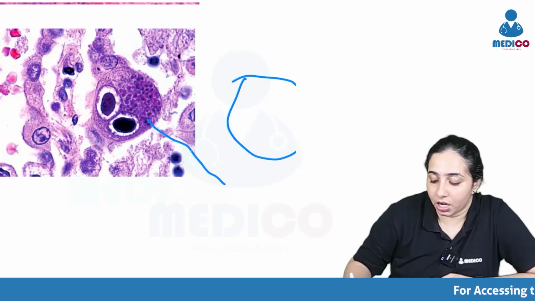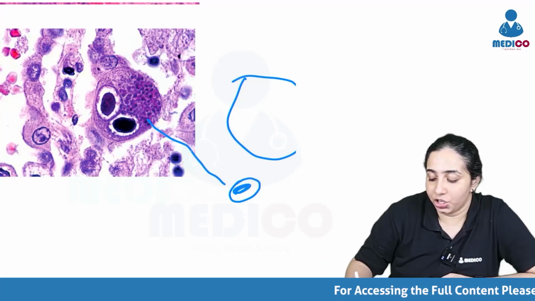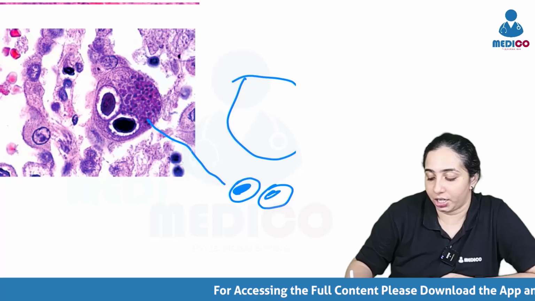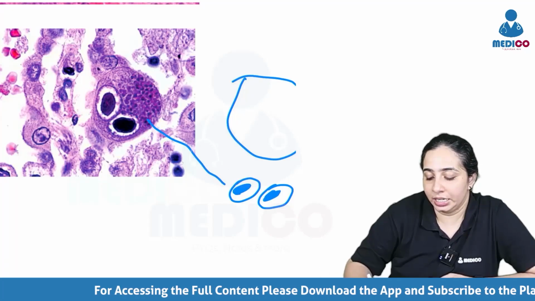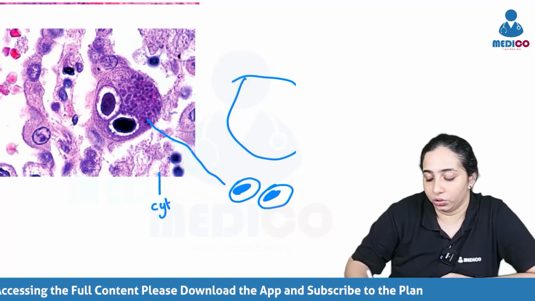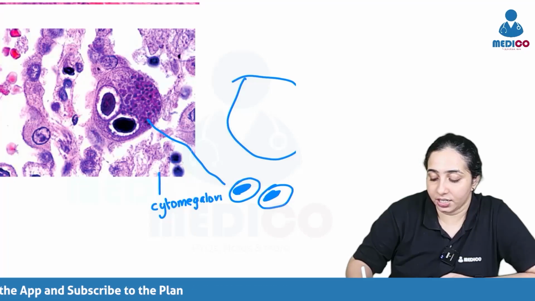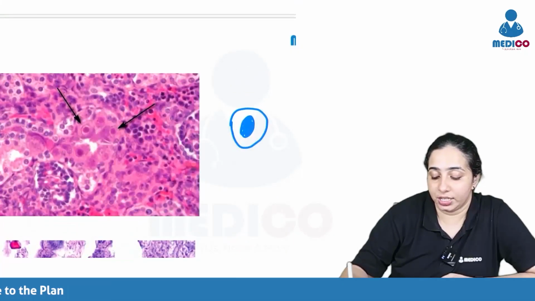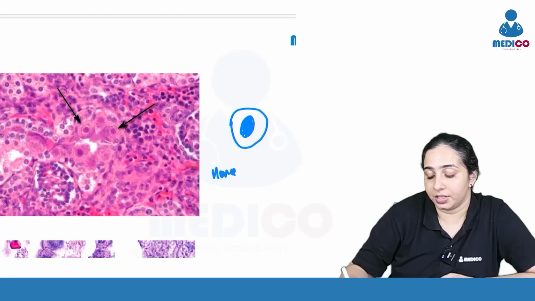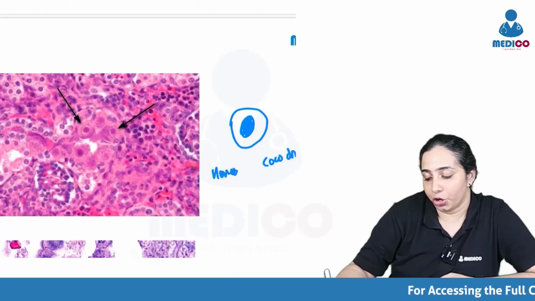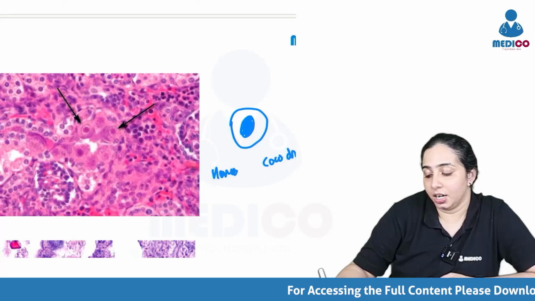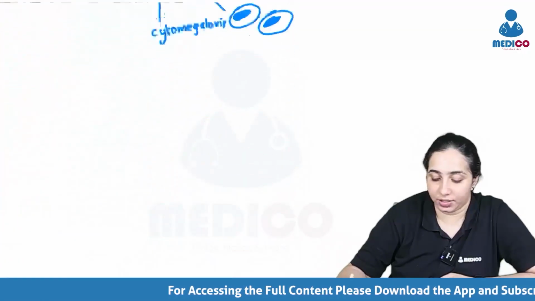So you have a clearing and then you have a hyperchromatic nuclei. So this is usually seen in cytomegalovirus, and this is usually seen in herpes. These are the Cowdry A bodies seen in herpes infections.